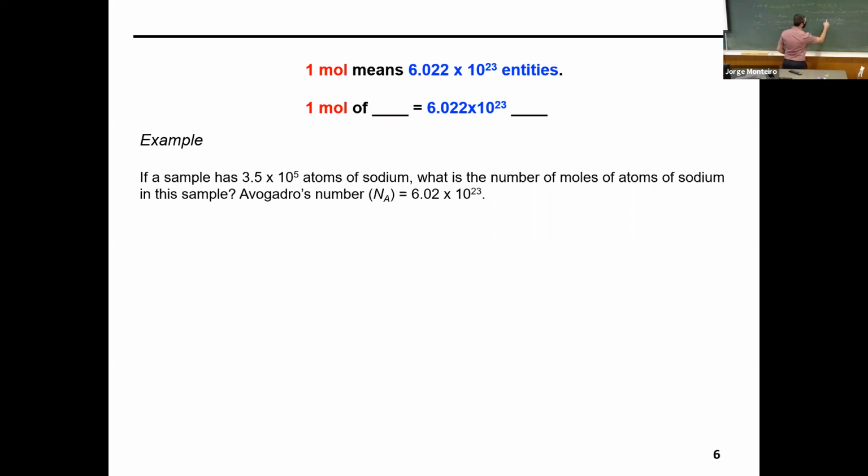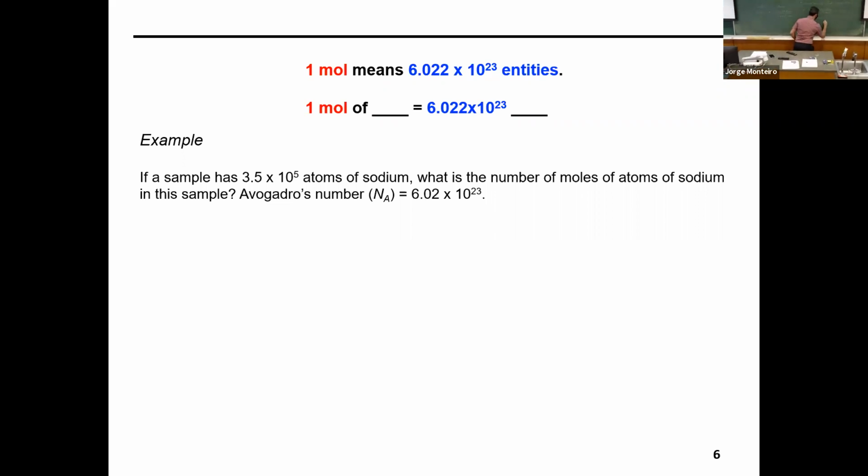So 3.5 divided by 6.02, according to my numbers, is 0.58. And attention here with the power. Keep the one on the top and subtract to the one at the bottom.